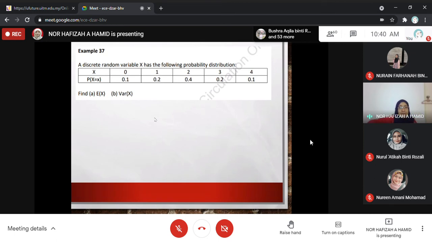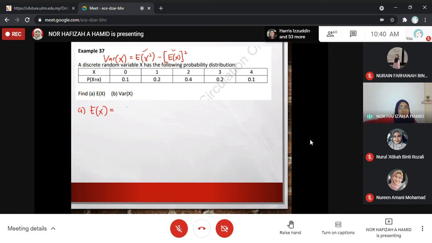So this is an example on how to find the variance. Earlier the formula for variance is Variance X equal to Ex square minus Ex, all squared. So in order to find the variance, first you need to have Ex and also Ex square. So for A, you calculate Ex first.